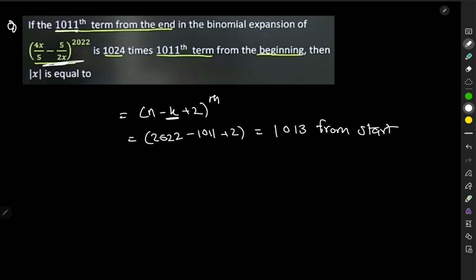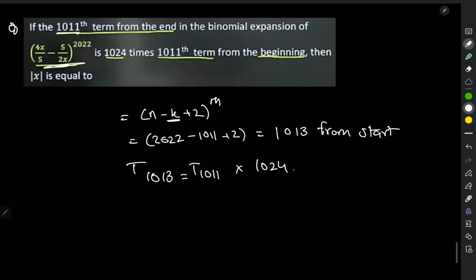So simply I can write T1013 is equal to T1011 multiplied by 1024, right? So let me write it in nCr terms. nCr, what? n is 2022, C r, which is 1012, right?